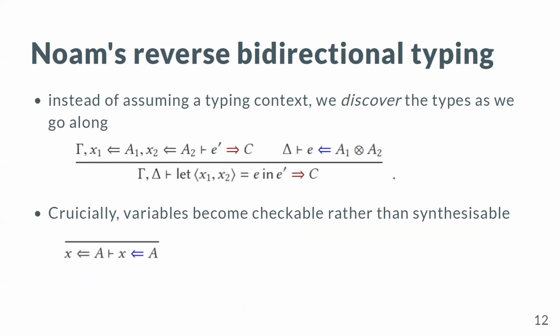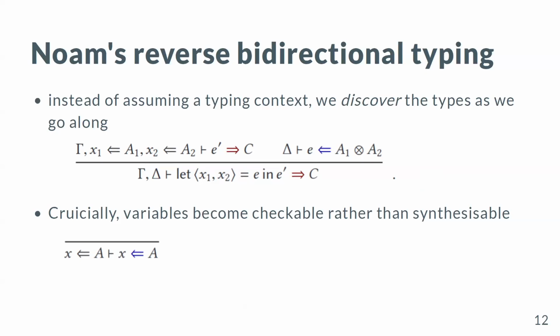What this means is that going under binders is easy now because we don't need to know the type we're synthesizing in advance. So this is linear lambda calculus. And what it does is it says at first we're going to synthesize the types A1 and A2 of the pattern. And then we're going to check our expression, the value that it has A1 tensor A2.